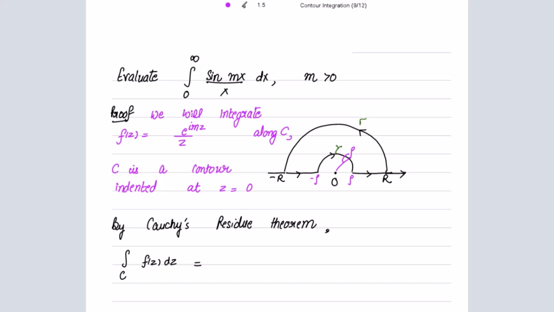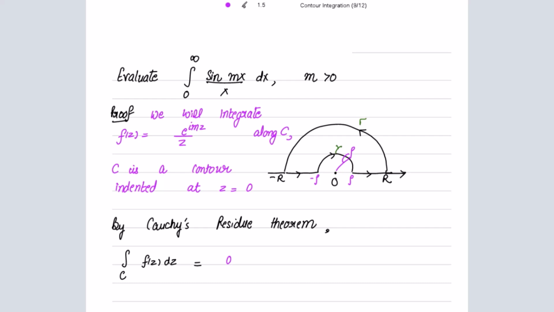Now, as we do not have any points which lie inside the contour C, the integral for the complete contour is equal to 0 by Cauchy's residue theorem, because there is no residue to find, as there is no point lying inside the contour.